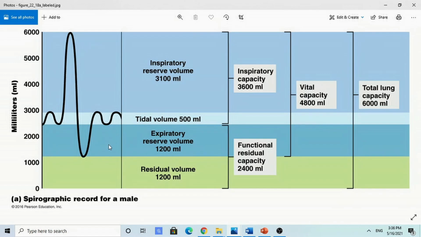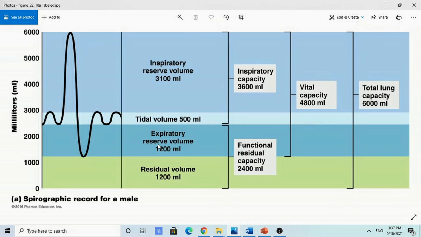So this additional amount of air which we can breathe out after normal exhalation is known as expiratory reserve volume. The word reserve makes sense, right? It's the reserve volume of air we can breathe out with additional effort.